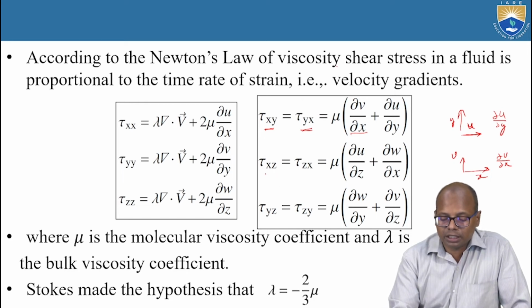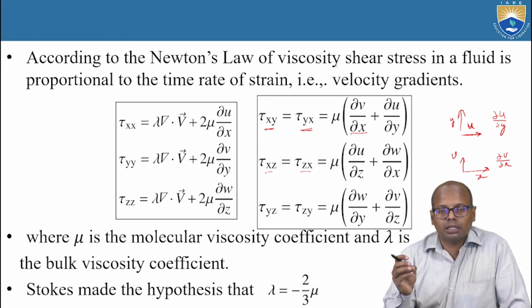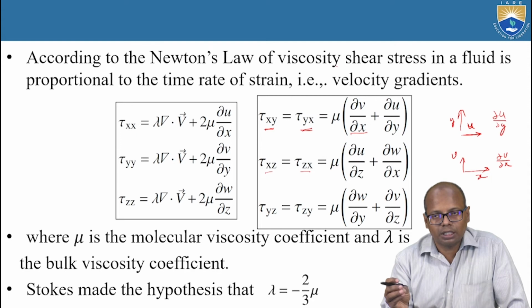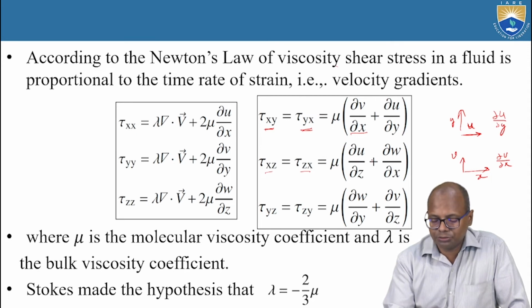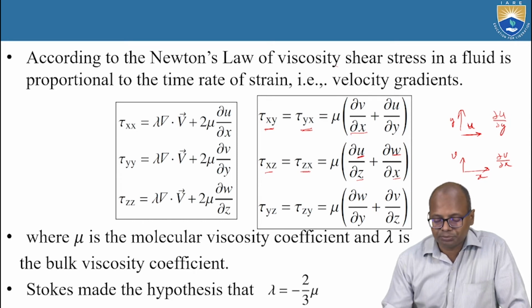Similarly, the shear stress xz and zx. The u velocity is changing in z direction and the w velocity is changing in x direction. Because of these two, what I am getting is xz and zx.